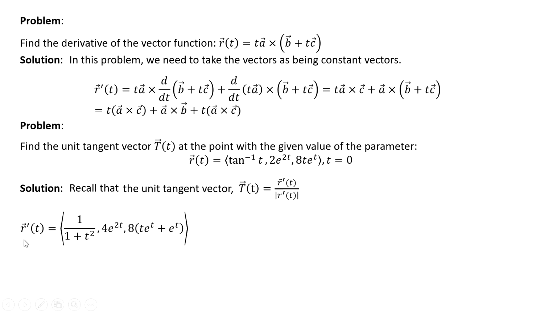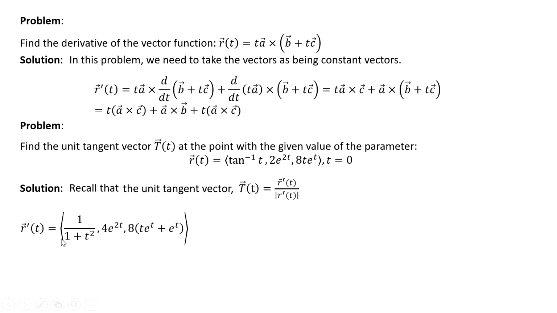So r prime of t, oh, by the way, what's the derivative of tan inverse of t? 1 over 1 plus t squared. And what's the derivative of 2e to the 2t? Simple, 4e to the 2t. And then here we apply a product rule to get the derivative of 8te to the t: 8 times t e to the t plus e to the t. So that's r prime of t.